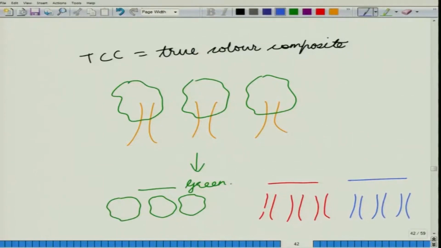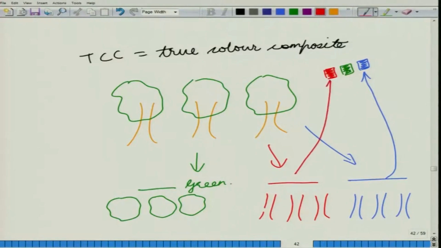Now, when you project this image on say your computer screen, and suppose in the case of your computer screen you have pixels that can show red, green and blue. Now, if you fed this blue channel information to the blue pixels, the red channel information to the red pixels and the green channel information to the green pixels, then it would give you a TCC. On the other hand, suppose you mixed up these channels.